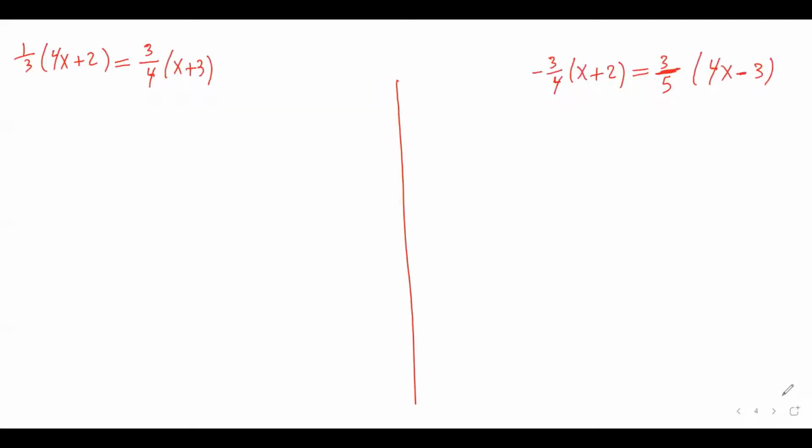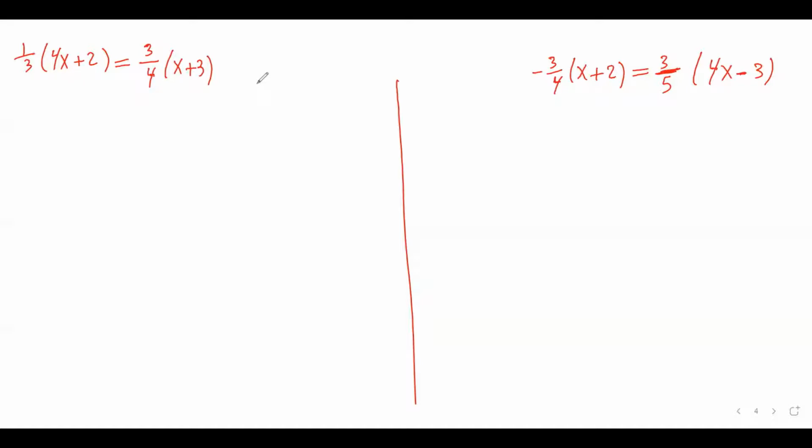I have this example: 1 over 3 bracket 4x plus 2 equals 3 over 4 bracket x plus 3. I have 2 fractions in this equation. I need to get rid of these 2 fractions. So we said we need to find the lowest common denominator between 1 over 3 and 3 over 4. Look at the denominators, it's 3 and 4.